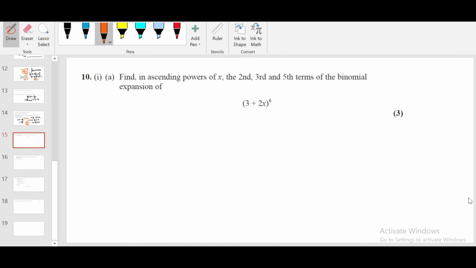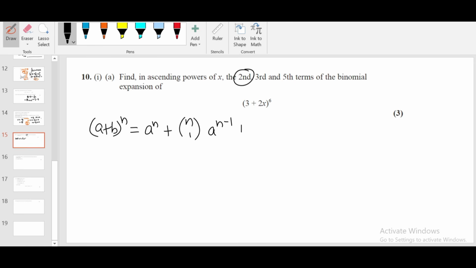Find in ascending powers of x the second, third and fifth terms of the binomial expansion. Okay, if you look at the binomial expansion, a plus b to the power n, the first term is a to the power n. The second term is nC1 a to the power n minus 1, b to the power 1.